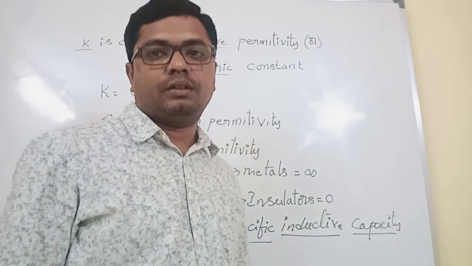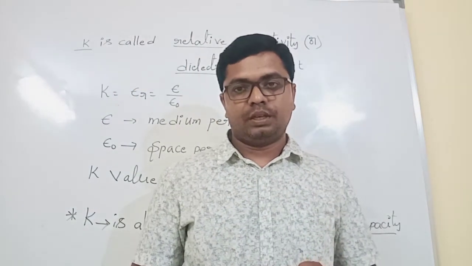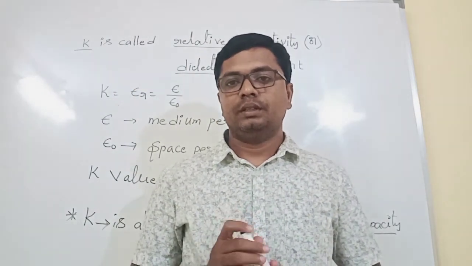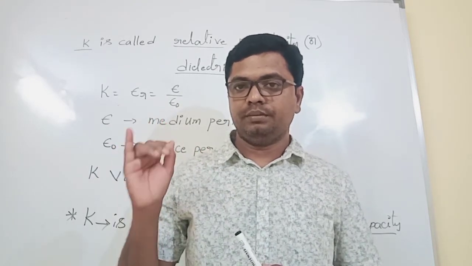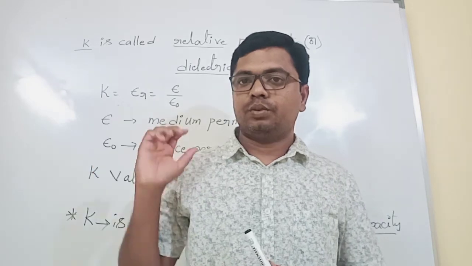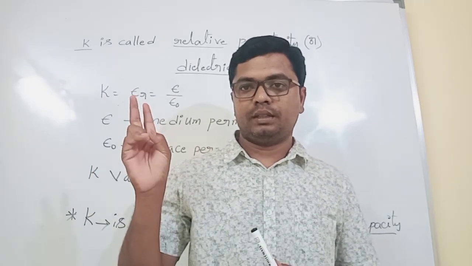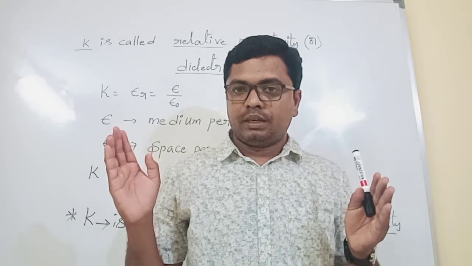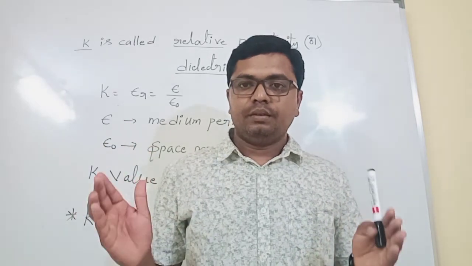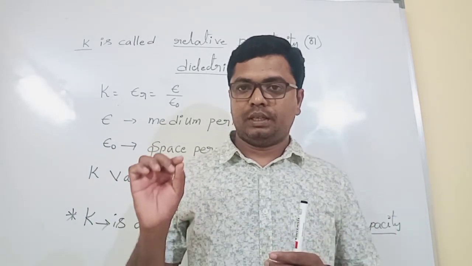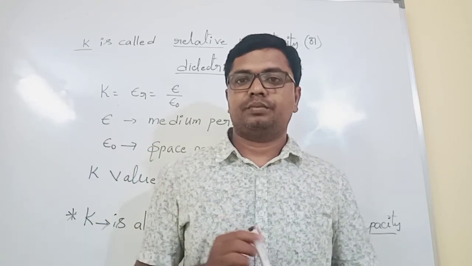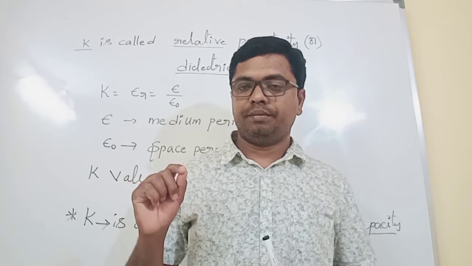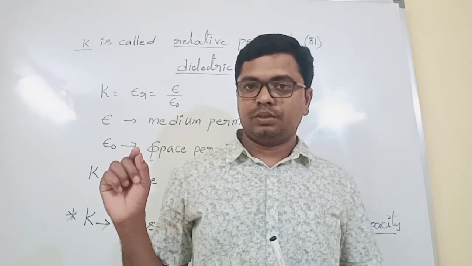Today we discussed Coulomb's law. According to Coulomb's law, there are two charges at rest separated by a distance r. The force between these two charges is directly proportional to Q1 Q2 and inversely proportional to r square.